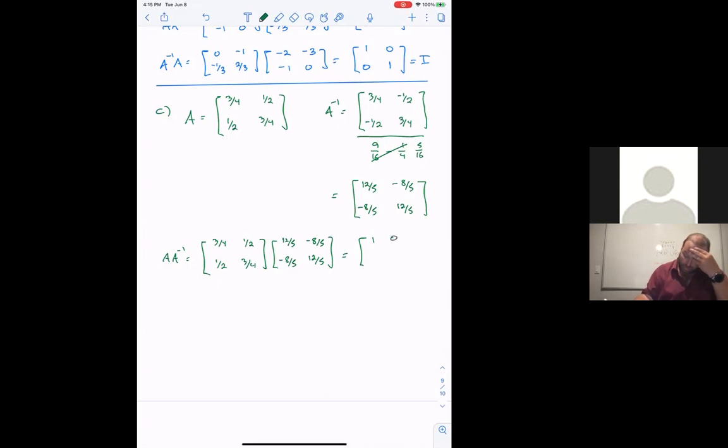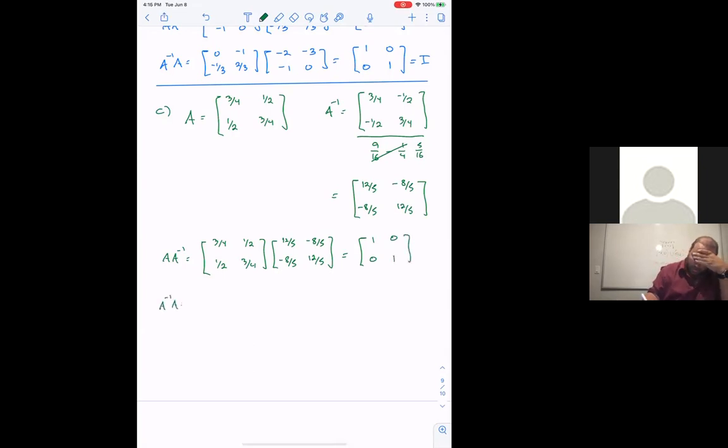Yeah, that works. And then we have 12 over 10. That's 6 over 5 minus 24 over 20 minus 12 over. Yeah, that works too. And then we have negative 4/5 plus 9/5. Look at that. It worked. I love it.